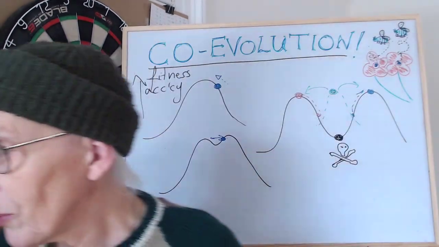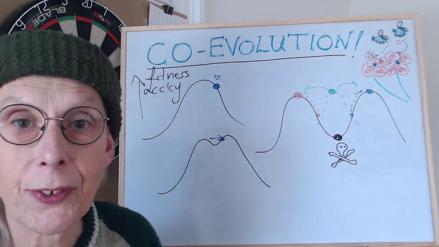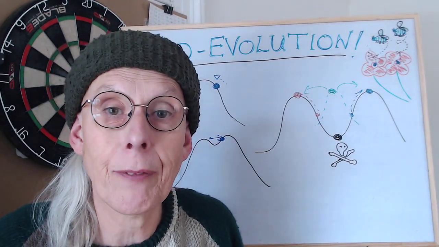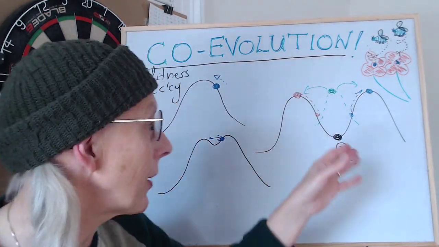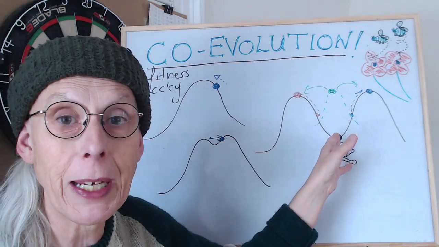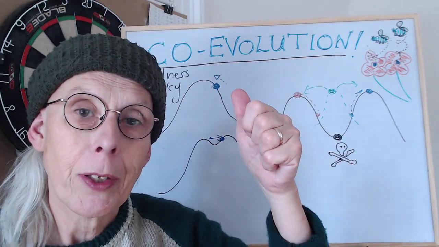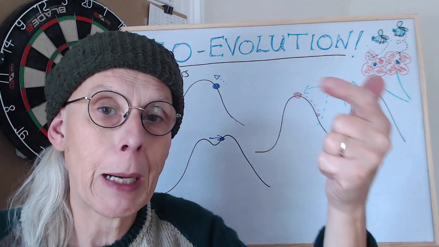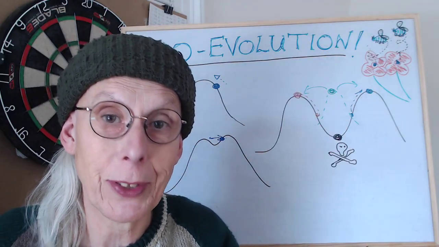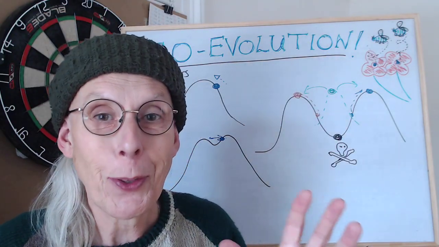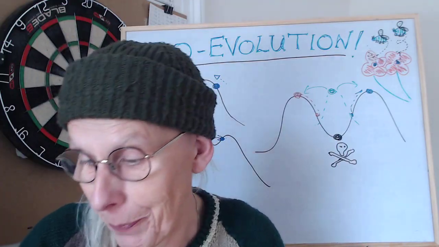Right? So the fourth possibility is that the bees just can't adapt quickly enough and they go extinct. So they're basically left in what was a peak is now a valley and they're lost. So you can become a specialist, you can become a generalist, or you can go extinct. Eek. So that's nature, that's coevolution.